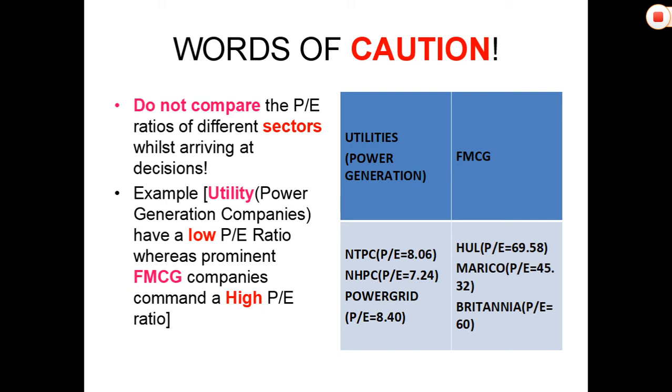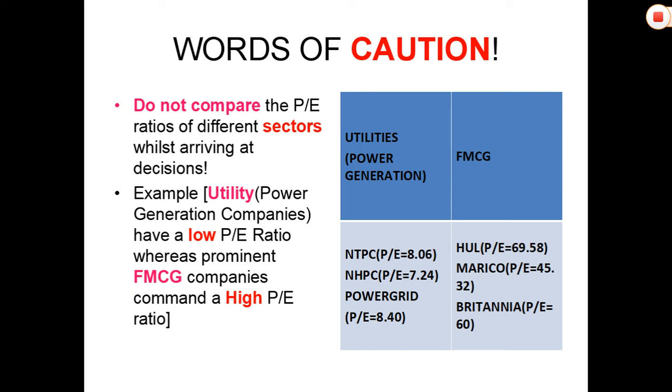That does not mean that the FMCG companies are not worth putting your money in because they are currently at a very high PE ratio. You would want to buy them at a very reasonable price, but you would do this whilst comparing against the average sector PE, not the sector PE with other sectors.